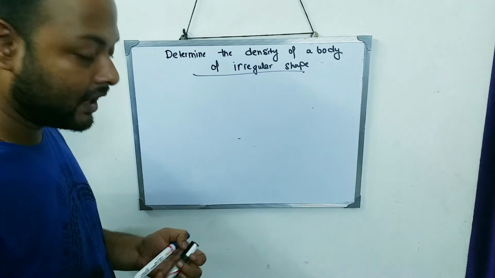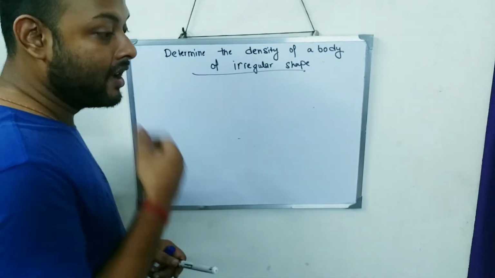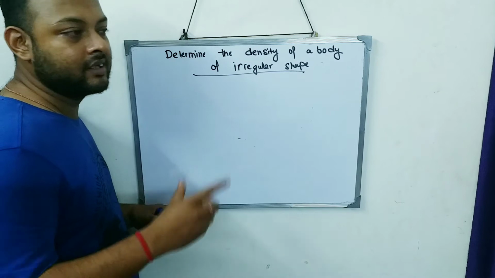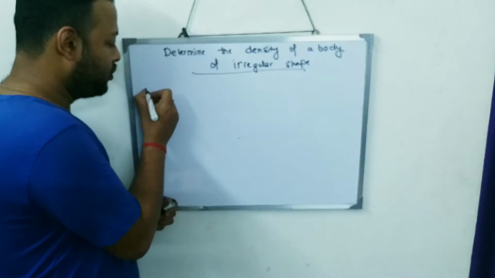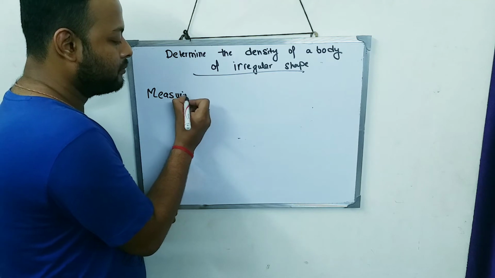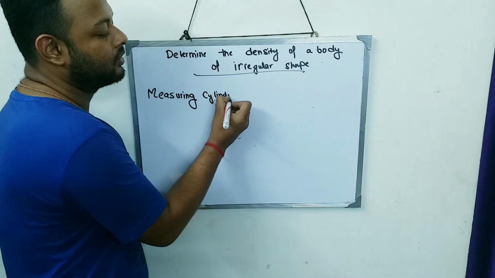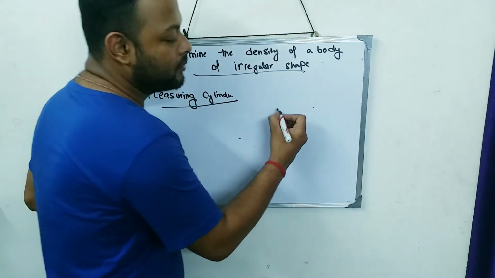Firstly, we will take a measuring cylinder. I told you in the previous lecture, lecture number 3, that the measuring cylinder is very important. So we are going to use a measuring cylinder in this topic.